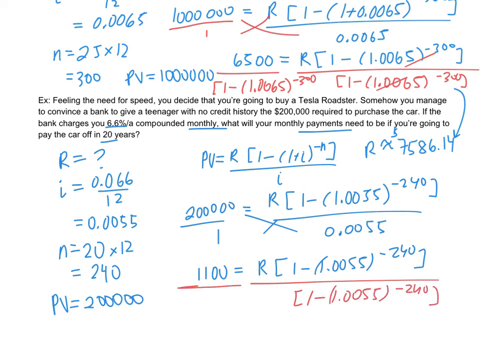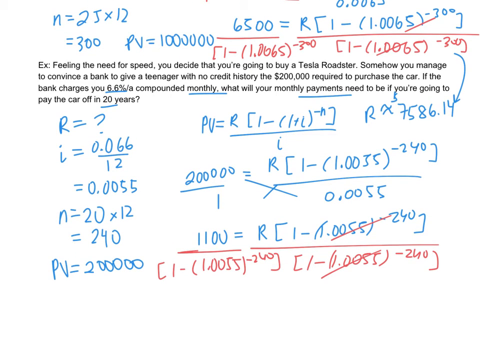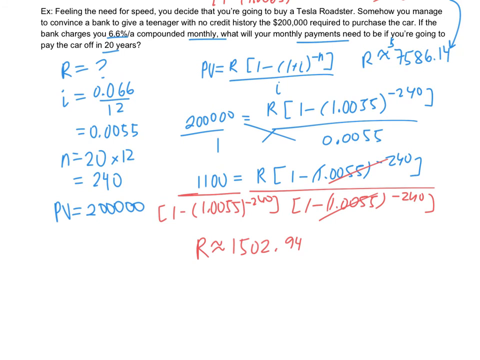And whatever you do to one side, you have to do to the other. The reason we're doing this division is because we want to cancel it out on the right side so that we are just left with R. So R ends up being approximately $1,502.94.